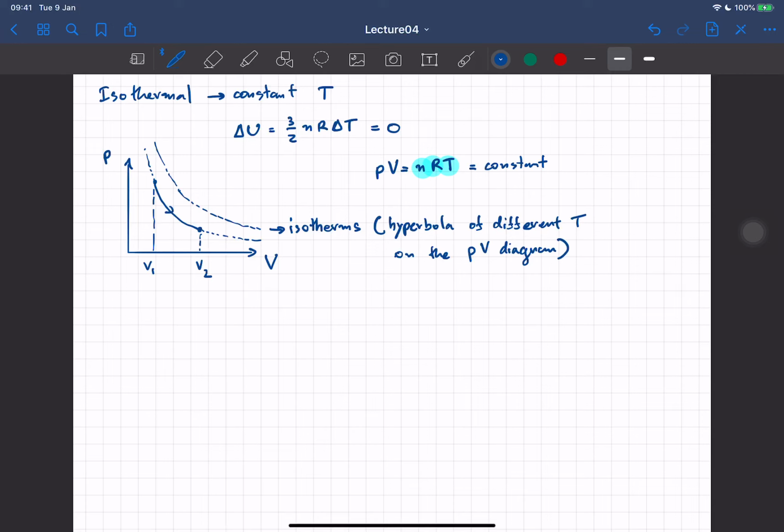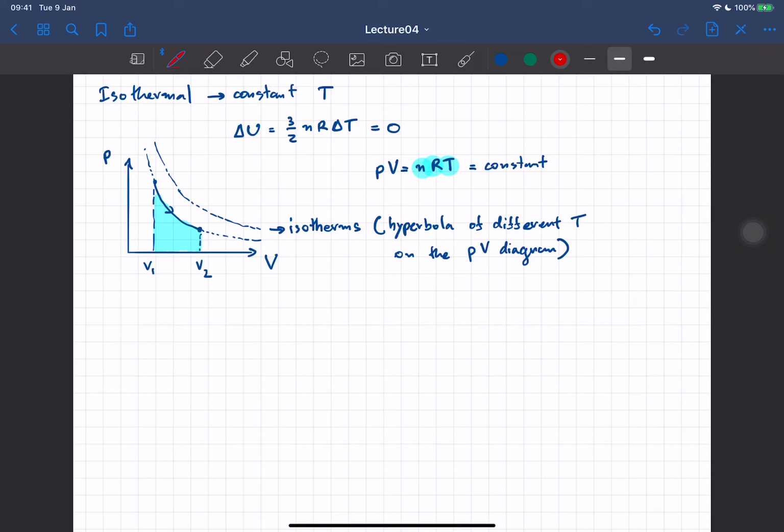Now, because it's no longer a straight line, to calculate the work done requires a little bit more work than before. So the work done is the area under the curve here. Now we need to really do the integration. And some of you might be glad because this is where the calculus class that you have taken is really useful.